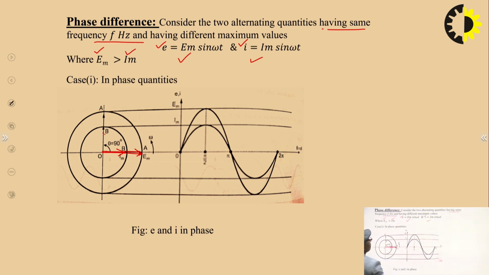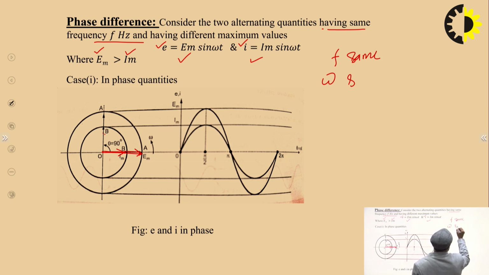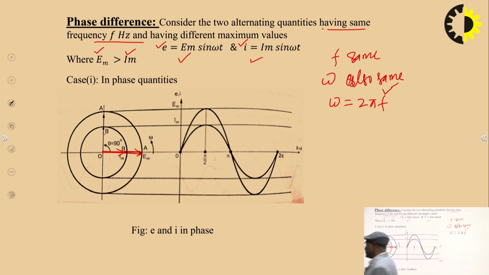So since the frequency is the same, their angular speed omega is also the same, because we know angular speed is 2 pi f. So if the frequency is the same, their angular speed will also be the same.